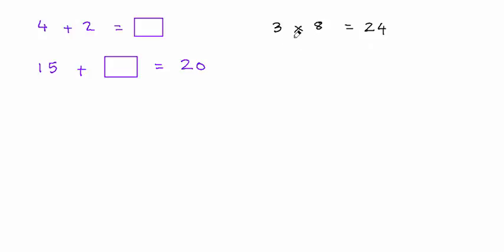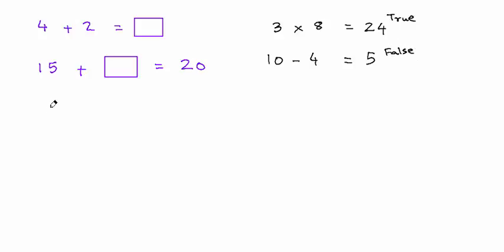In this case, this is true because 3 times 8 is indeed equal to 24. But on the other hand, consider the closed sentence 10 minus 4 is equal to 5. Now this is not right. The left hand side is 6. 10 minus 4 is 6 and that's not equal to 5. Therefore, this closed sentence is false.